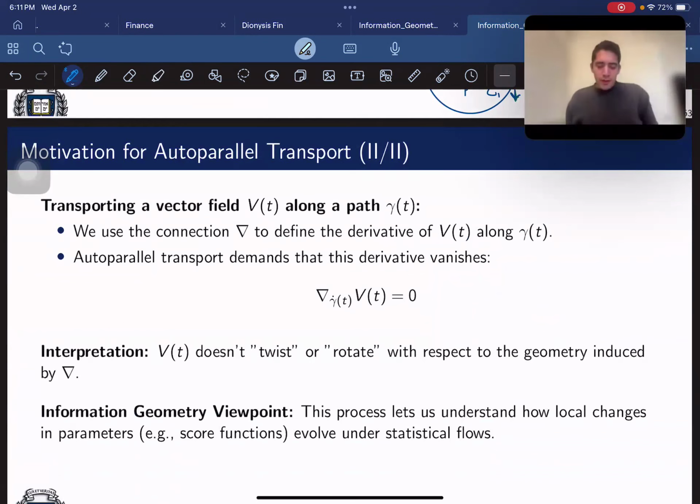Here is where our definition of affine connection would help us.